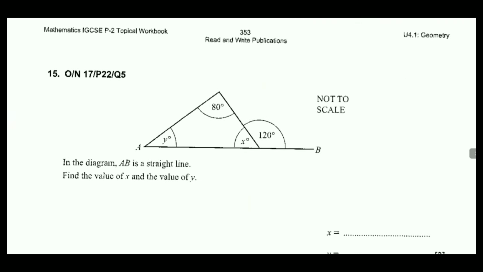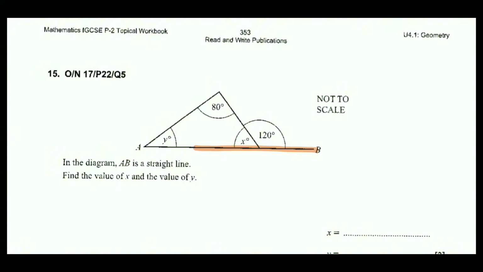Next, question number 15. In the diagram, AB is a straight line. Find the value of x and the value of y. If a straight line is given to you, it means that we can use the straight line property. The angle sum on a line is also called the straight line property. We can see this straight line.